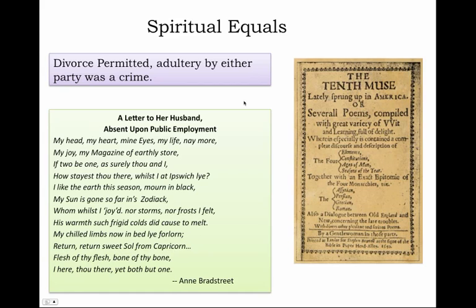This poem was entitled "A Letter to Her Husband, Absent Upon Public Employment." And if you read the lines, you'll see that this is a woman who's missing her husband, who's away on business, and she misses him because he's her friend, he's her companion. She has a love for him that somehow completes her in the union of their marriage.